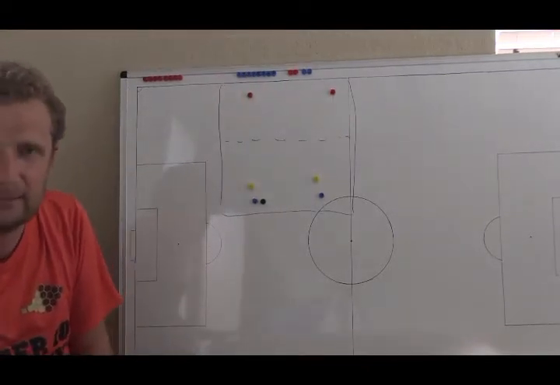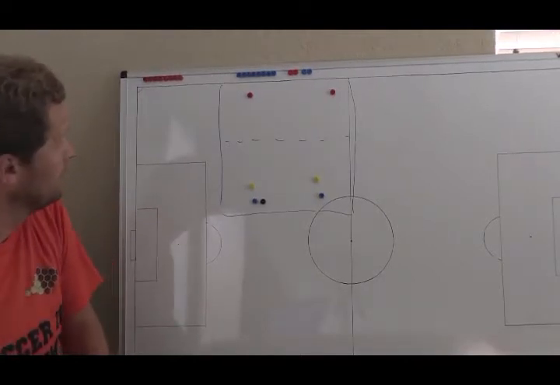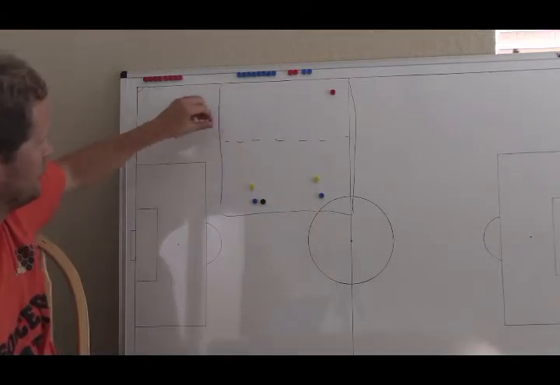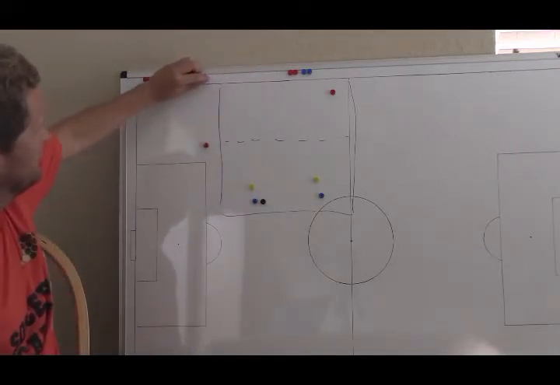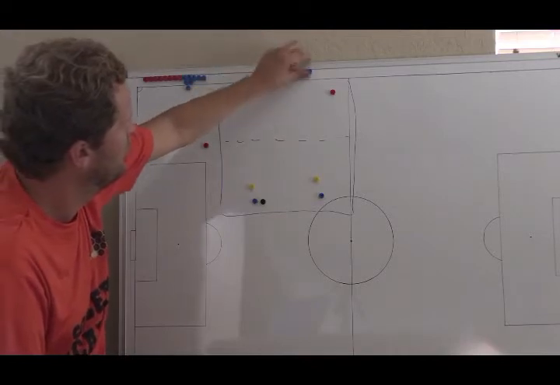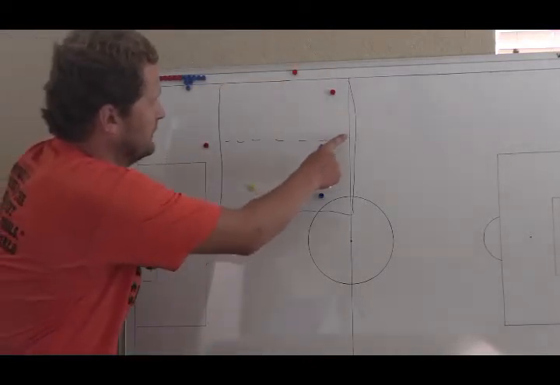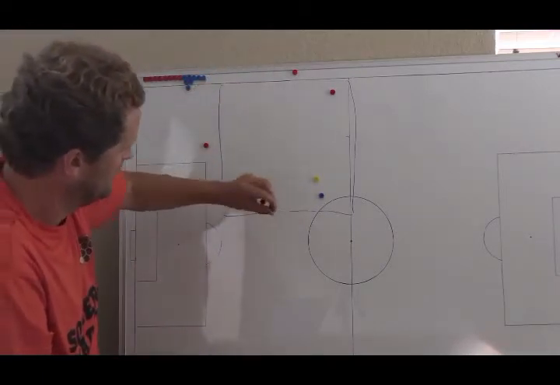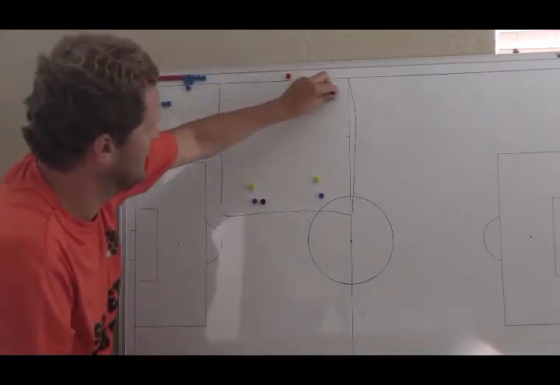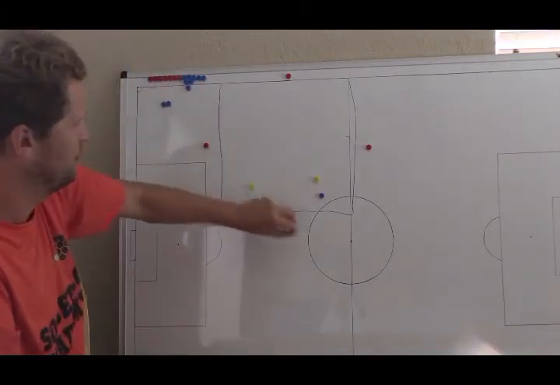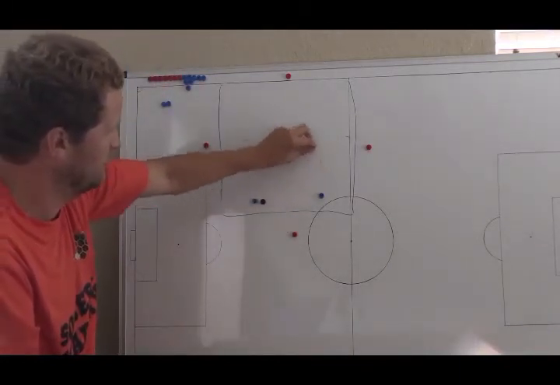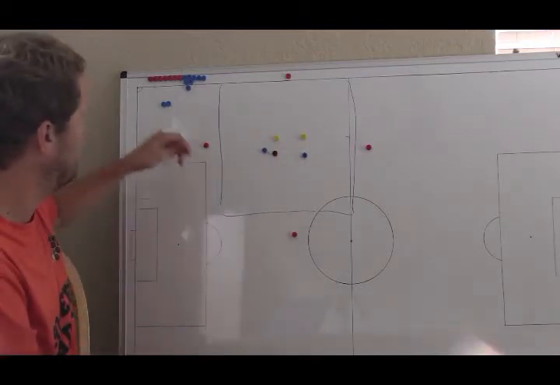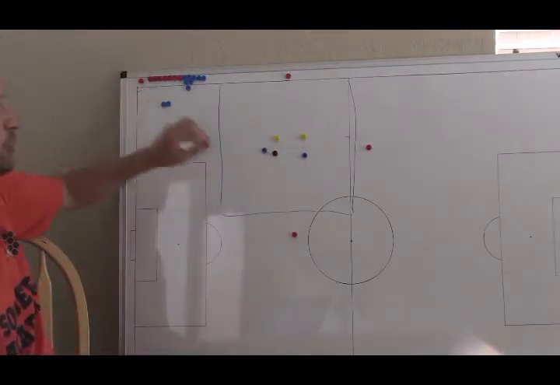Okay, pretty simple. So the next activity is also going to be pretty simple. We're going to have, let's move these players here. So we're going to have a square, no middle line anymore, just a square with 4 red neutral players. 1, 2, 3, 4. And then in the middle we're going to have 2v2 or 3v3, it depends on the number of players, up to the coach.